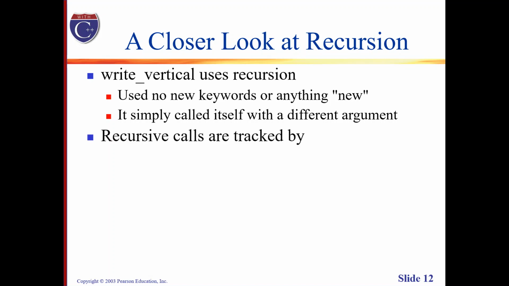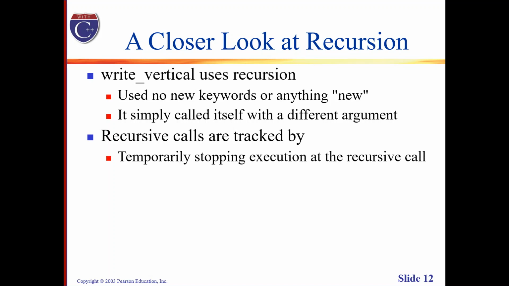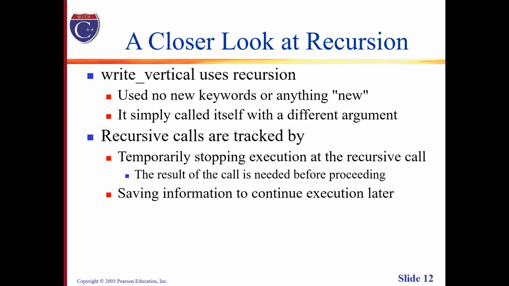Of course, our recursive calls are tracked by first temporarily stopping execution at the recursive call, and the result of the call is needed before proceeding. And as we have seen a while ago, we need to save information from our current execution or recursive call, which will be used later as we retrieve our final output.